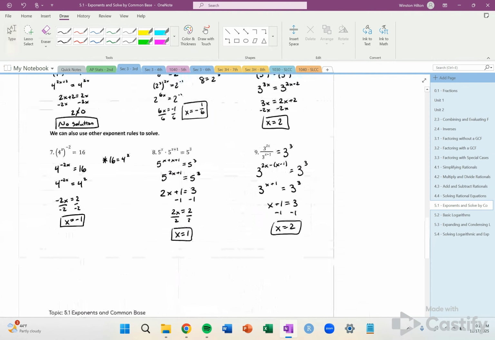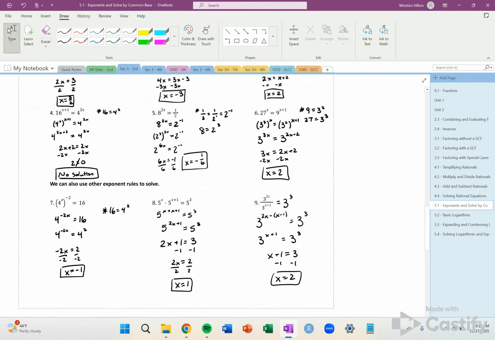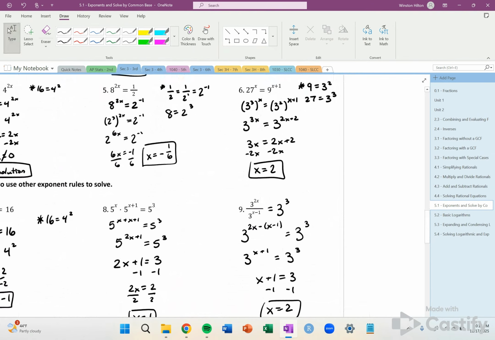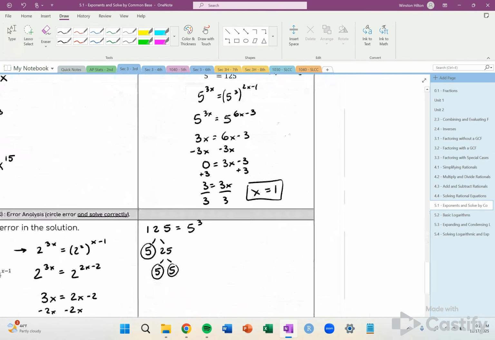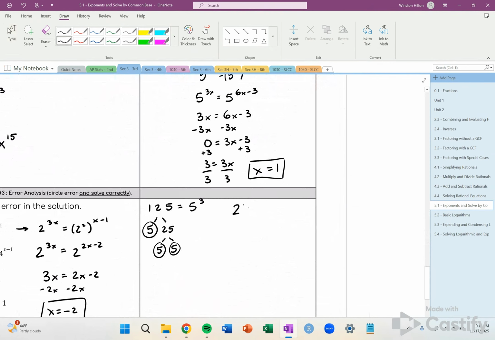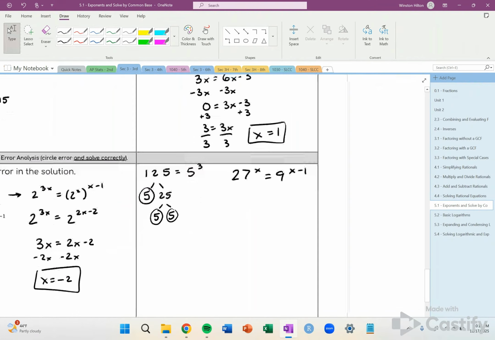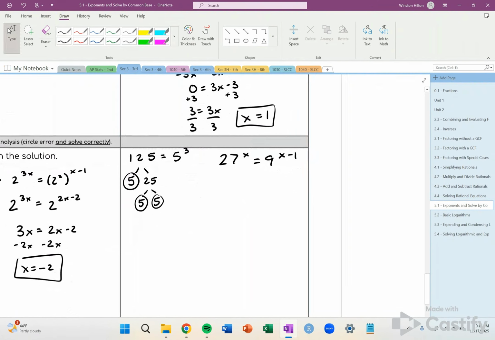Let's take a look again at example 6. 27 to the power of x equals 9 to the power of x minus 1. So if you do the same strategy that I just talked about, we would take a look at 27, say that's divisible by 3, leaves us 9, 3, and 3.